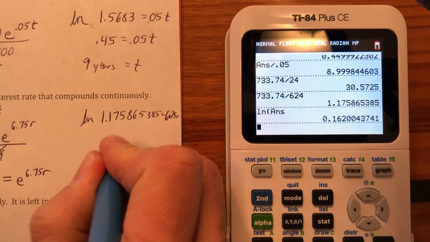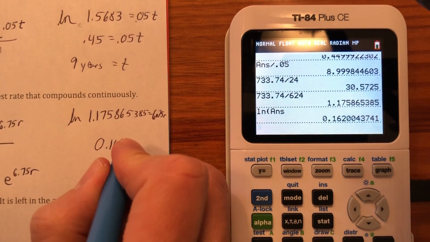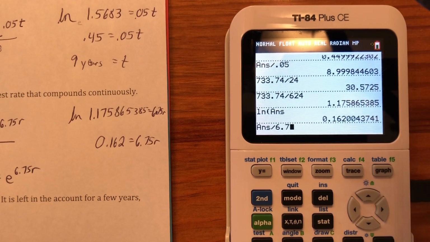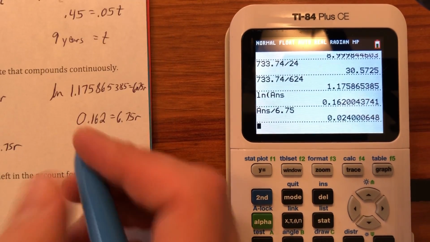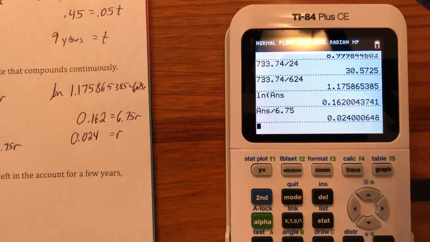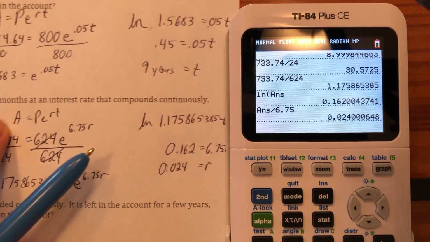So it's 0.162, I think that's a logical place to round, equals 6.75r. We'll divide by 6.75. Okay, r equals 0.024000. We'll stop there.